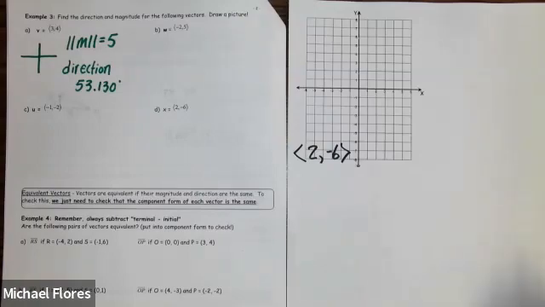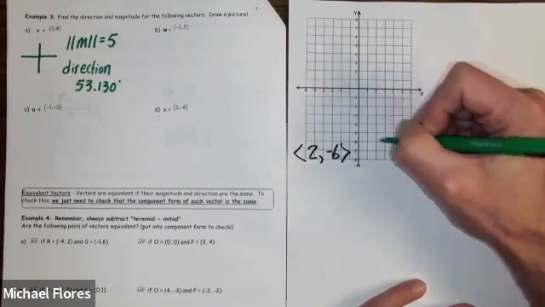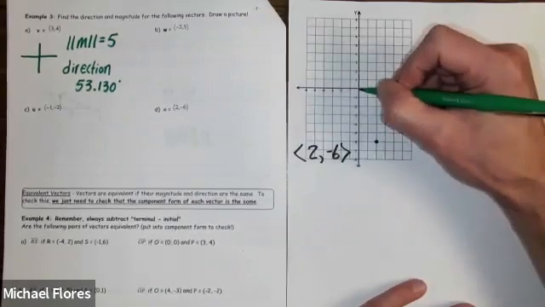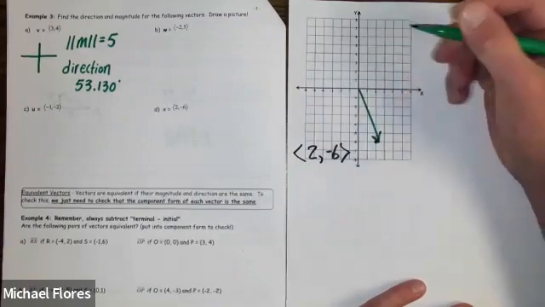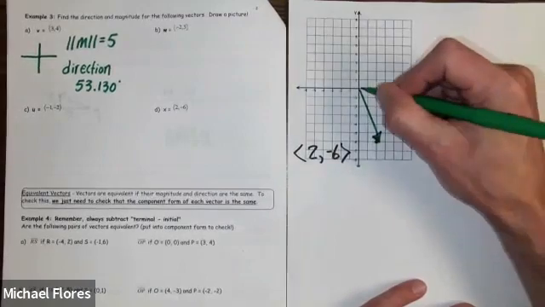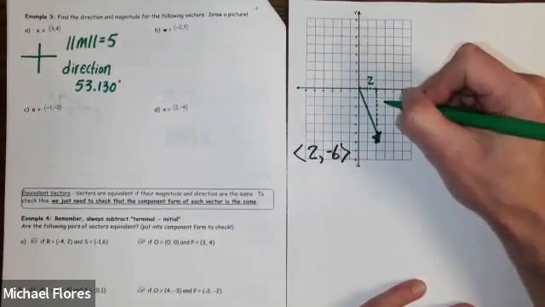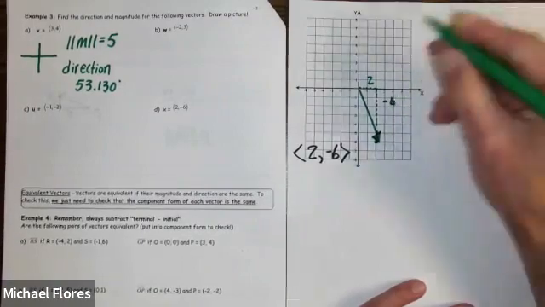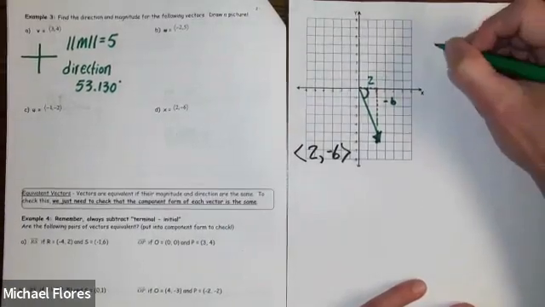Example D, we have component vector 2, -6. In order to get to the end of our vector, we would need to go right 2 and down 6 spaces. There's angle theta. Let's find our magnitude.